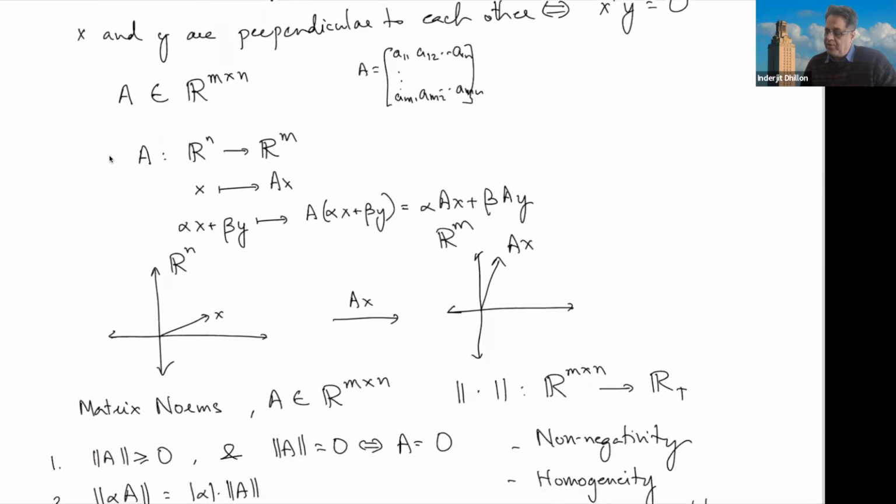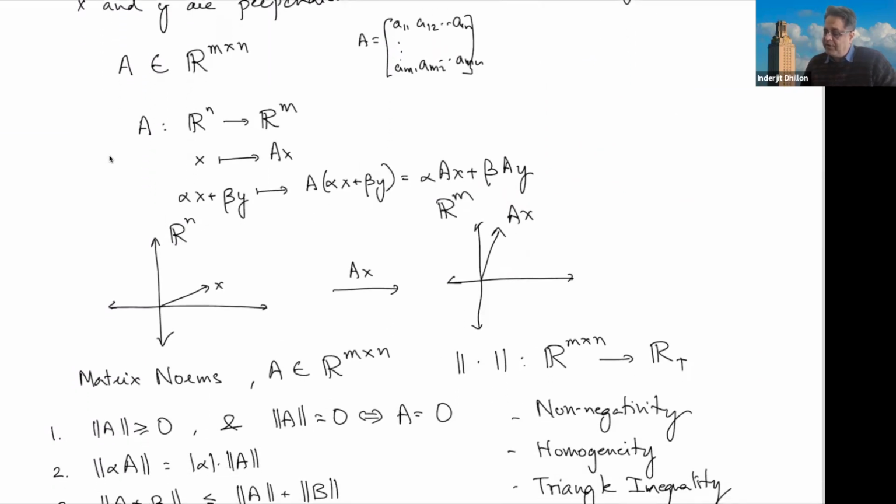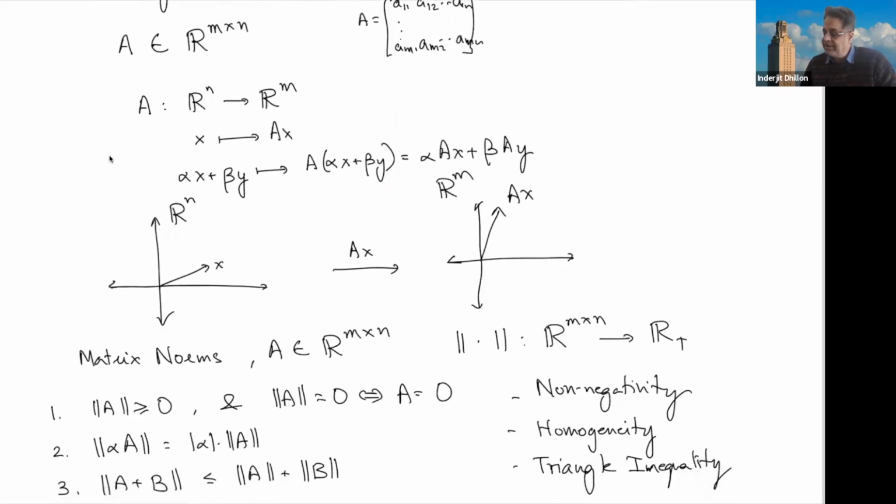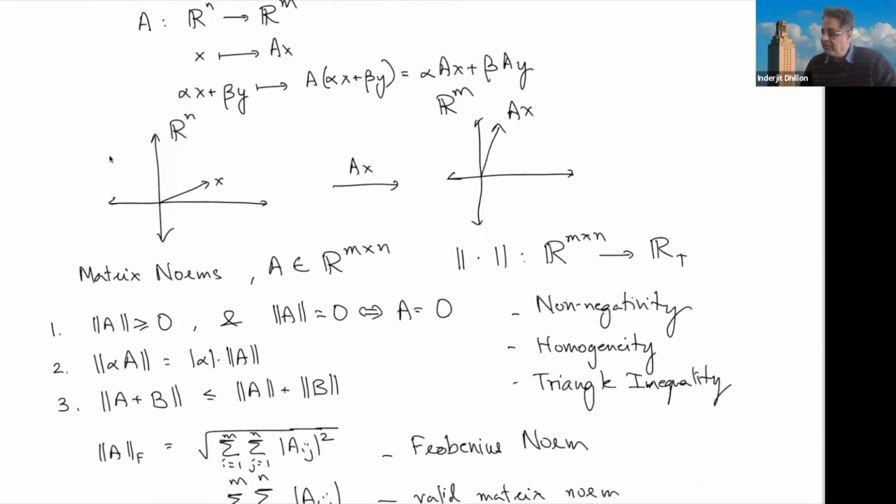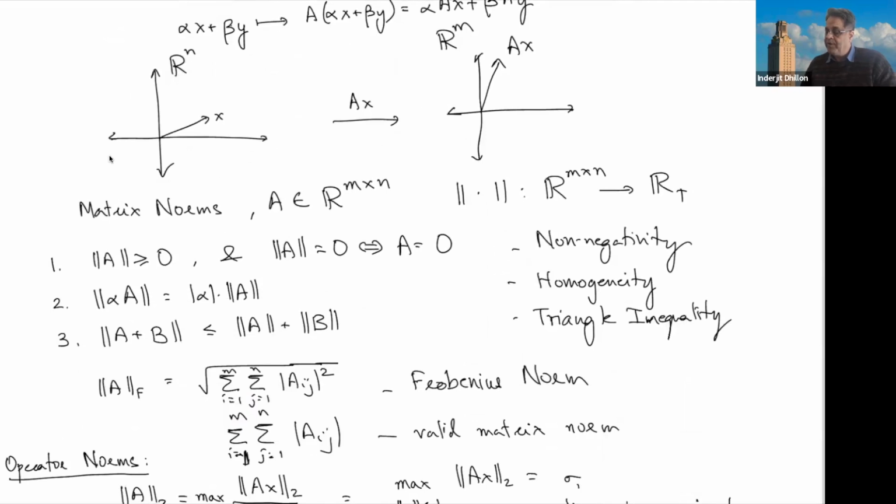And then we moved on to talk about matrices. An m by n matrix is a linear transformation from n-dimensional vectors to m-dimensional vectors. Again, matrices have sizes or norms.